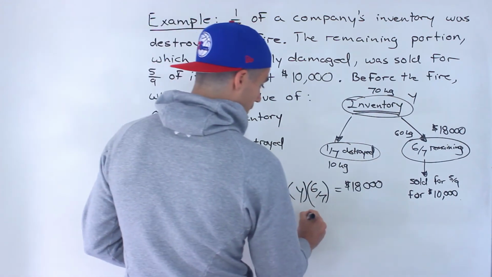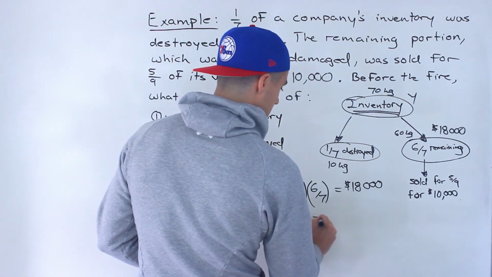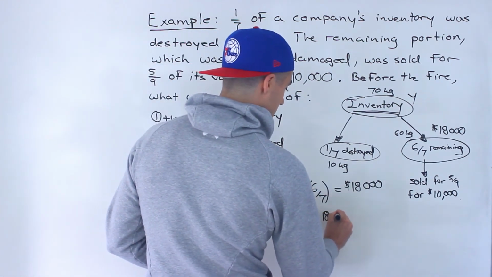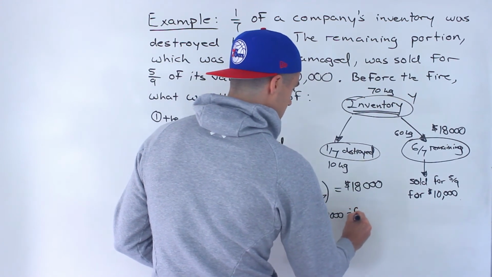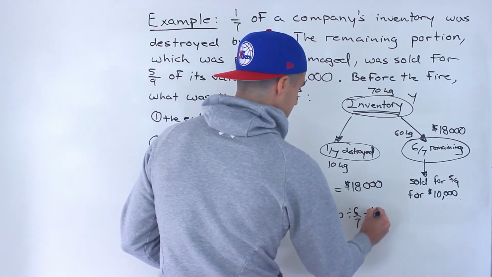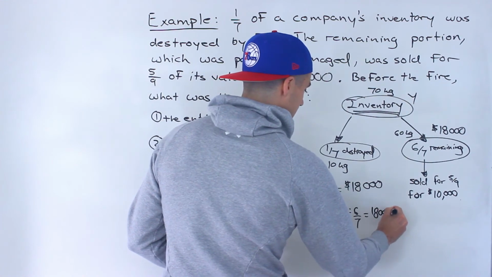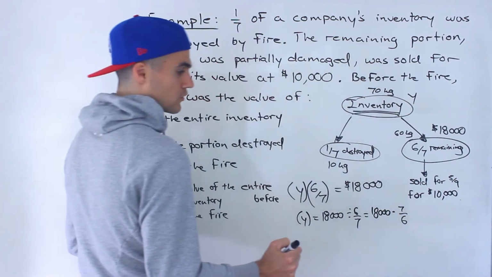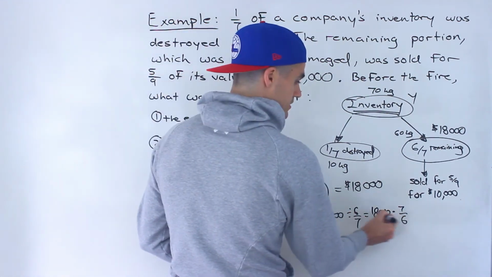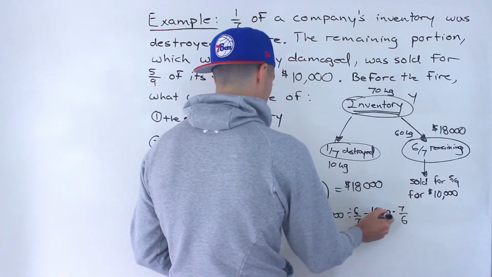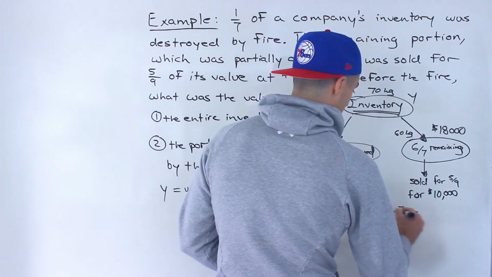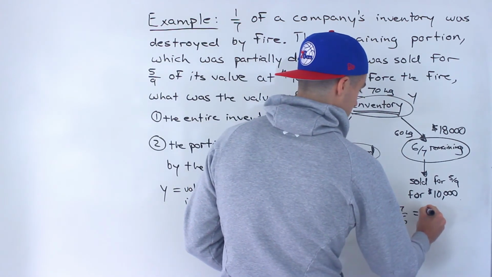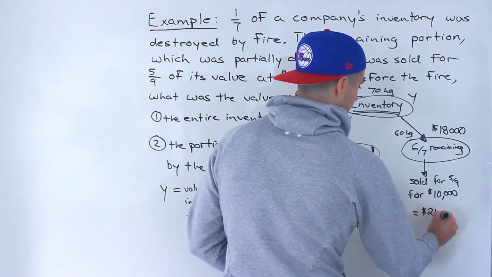To solve for y, we divide both sides by 6/7. 18,000 divided by 6/7 is the same as 18,000 times 7/6, the reciprocal. 6 goes into 18,000 3,000 times, and 3,000 times 7 gives us 21,000.